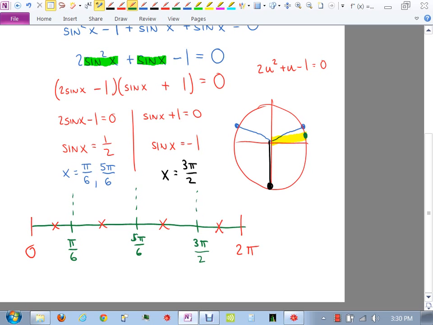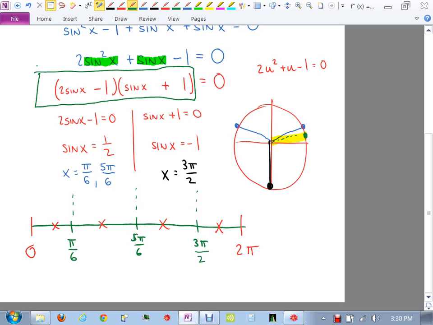How about, and I don't think there's any way we're going to be able to do it without plugging in. Let's just try this angle right here. I'm going to plug it into this, because that's the second derivative factored, isn't it?